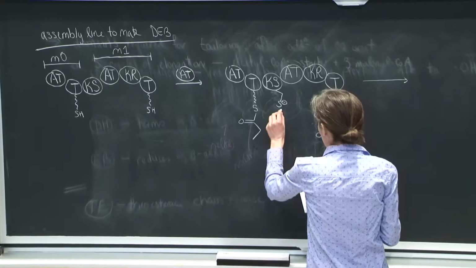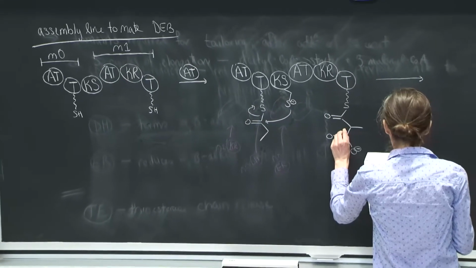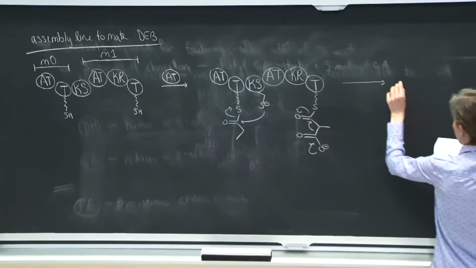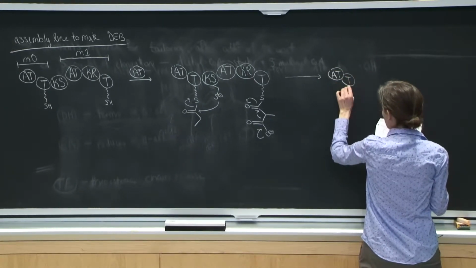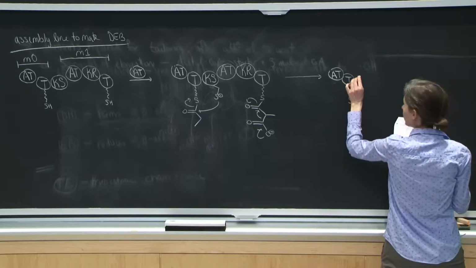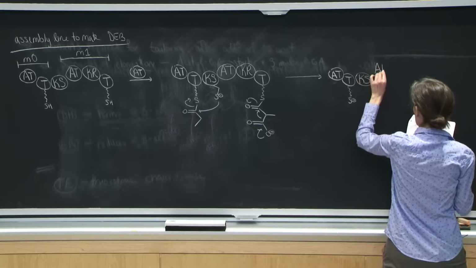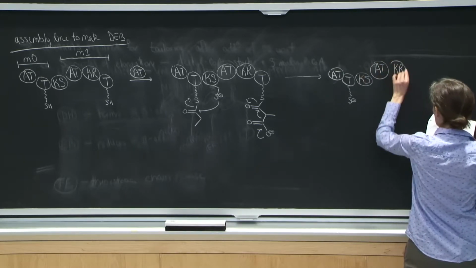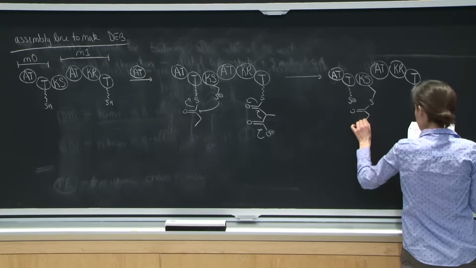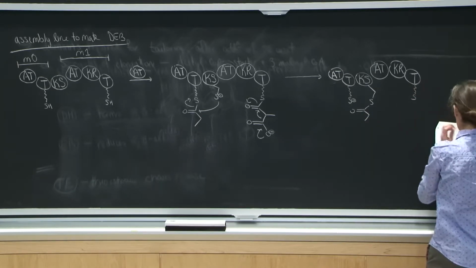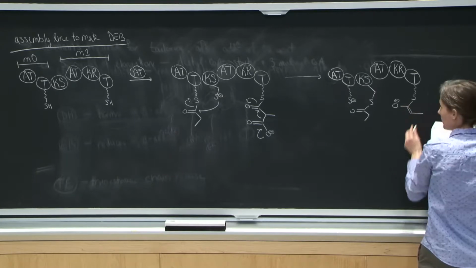So what happens, we can imagine here we have a thioester attack, and then here we're going to have the decarboxylation. We had chain transfer to the ketosynthase. Okay. And here, decarboxylation leaves us the species.